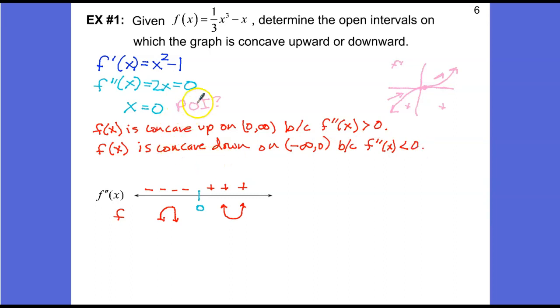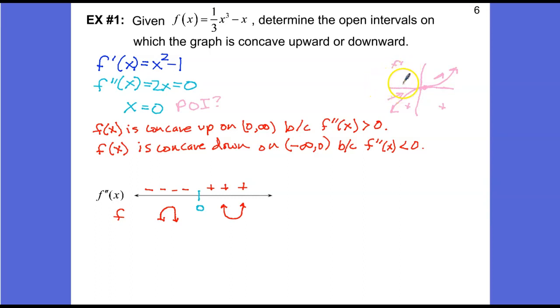Now, remember what we said? In order to verify whether we have a point of inflection here, we have to check and see if the signs are different on either side. Because if they're both positive or both negative, and we have a graph that is just turning, this is a turning point for that first derivative, it's not going to be a point of inflection for the original function.